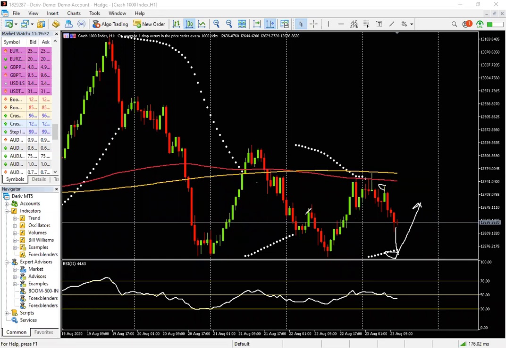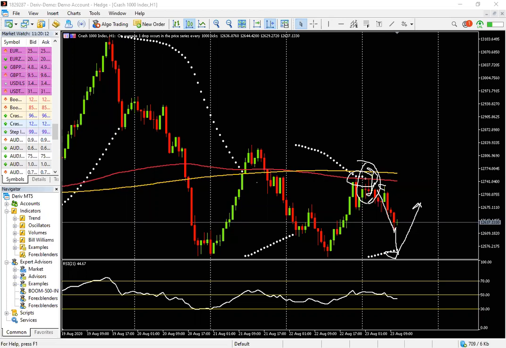But for now, no buy, no sell, just wait. But we missed this opportunity here. See how it bounces on our moving average, forming a rejection, and now the market is starting to move back down. Yeah, so that's what I can say.